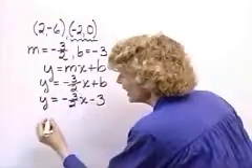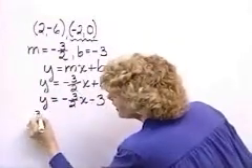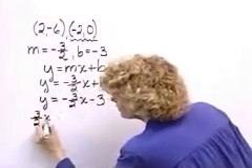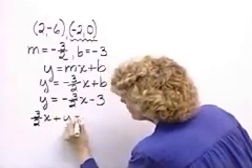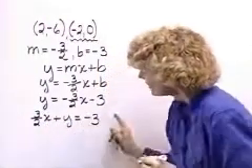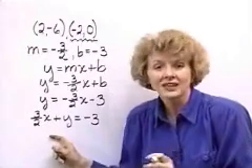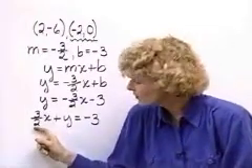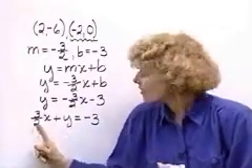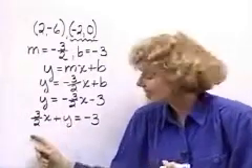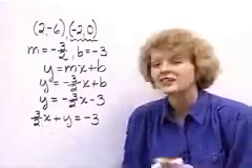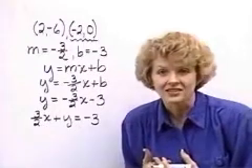If I add 3/2 x to both sides, I'll have 3/2 x plus y is equal to negative 3. And then I'd like to write this so that I have integers instead of fractions. So to do so, I'll multiply through by the least common denominator of 2 to clear this equation of fractions.